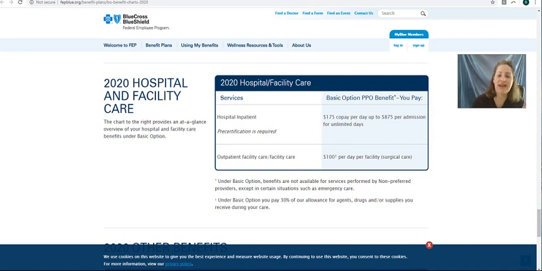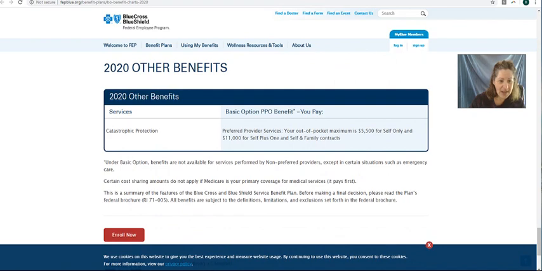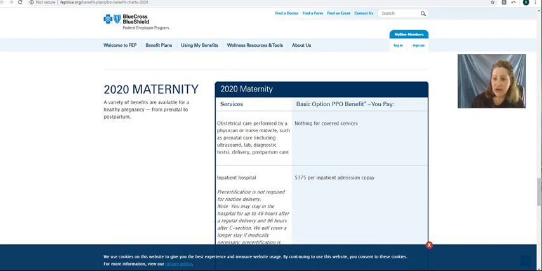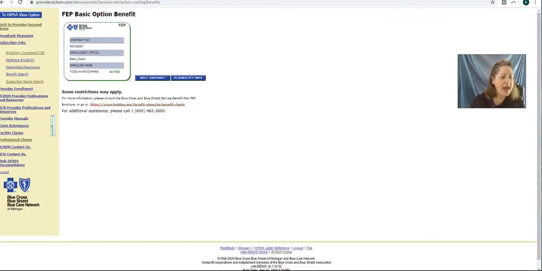If it was $175 a day and I stayed for 10 days, that's $1,700. So at least there was a limit. And then other benefits. Okay. So here's just some different federal plans. Okay. Now I'm going to pause the video and I'm going to get another policy number for us to try.